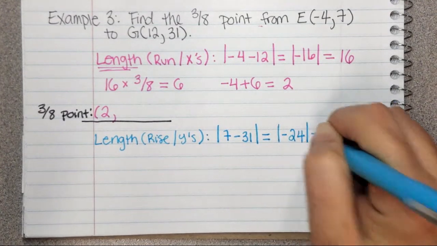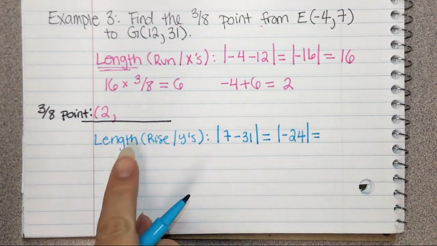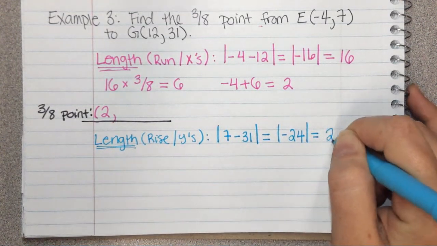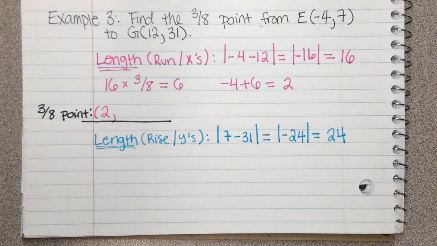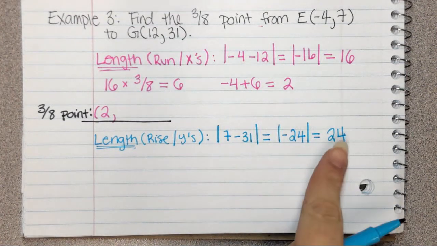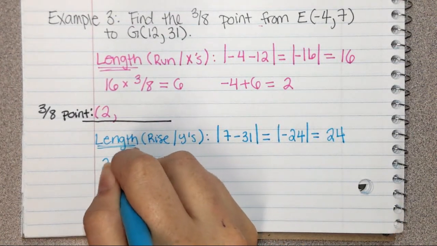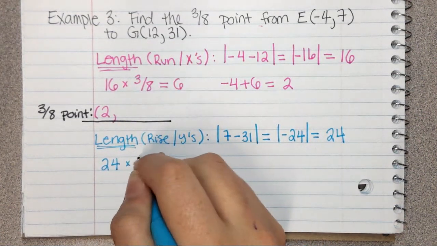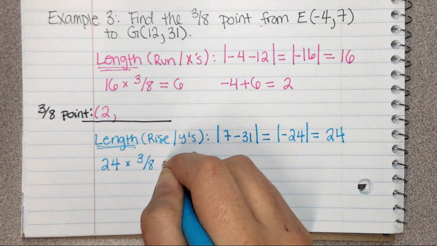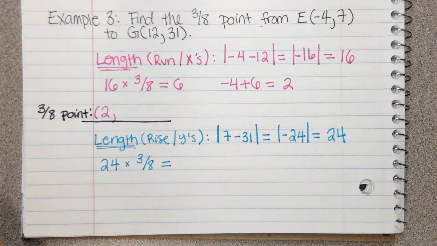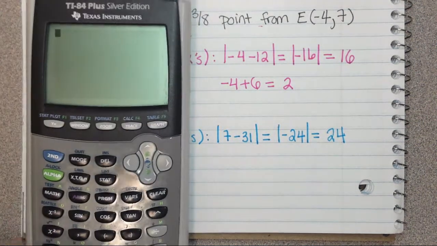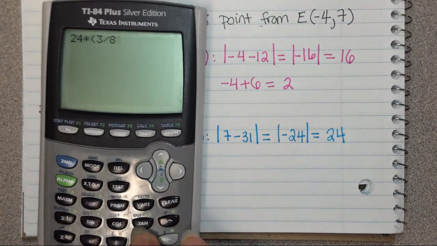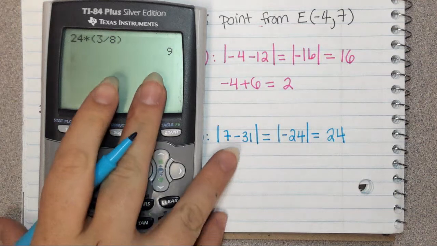And just like before, if it's negative, we need to make it positive because we're talking about a length. So this becomes +24. Then I take this amount and multiply it by my fraction. So we'll take +24 times 3/8, and that gives me 9.